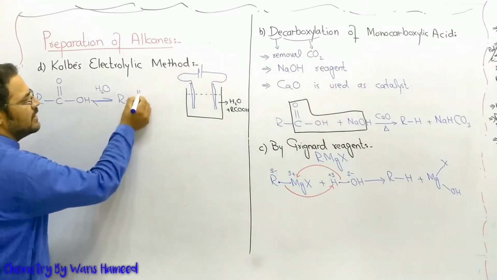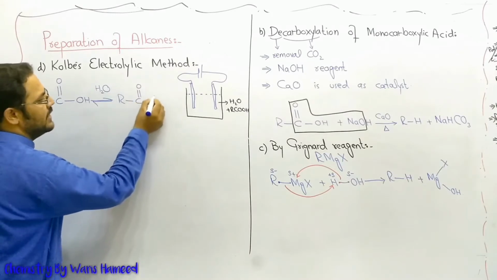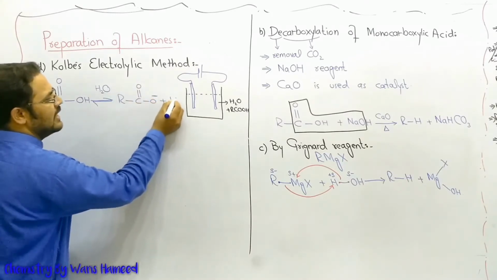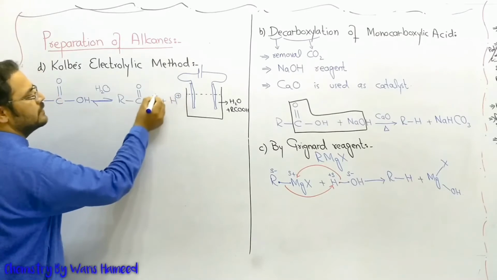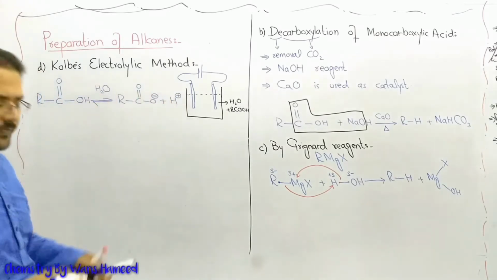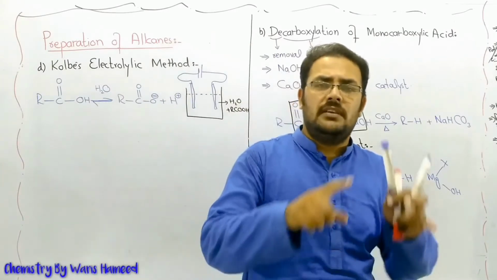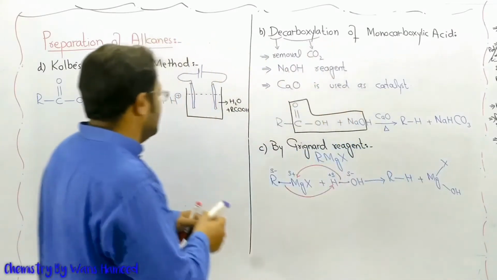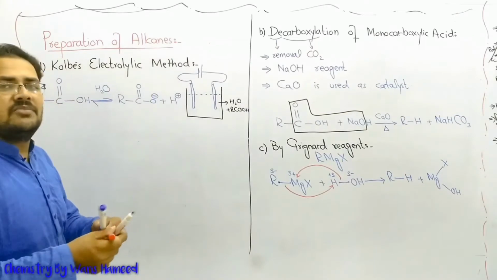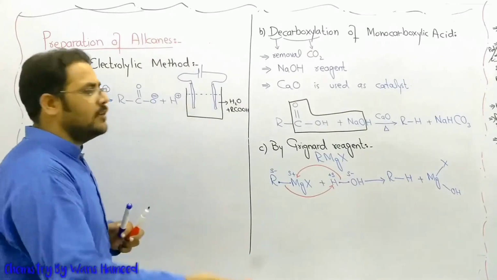First is RCOO negative, and second ion is H positive. And when we connect those 2 electrodes with an electrical source, one electrode becomes cathode and the second becomes anode.